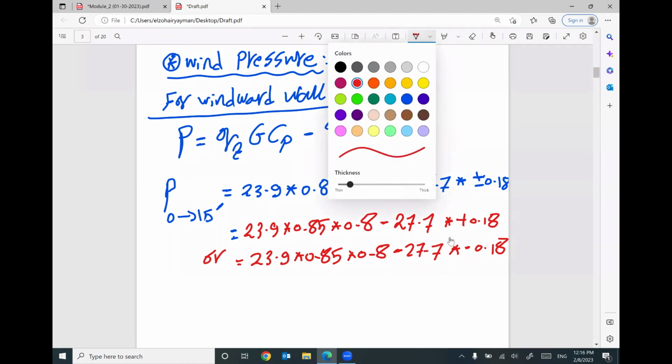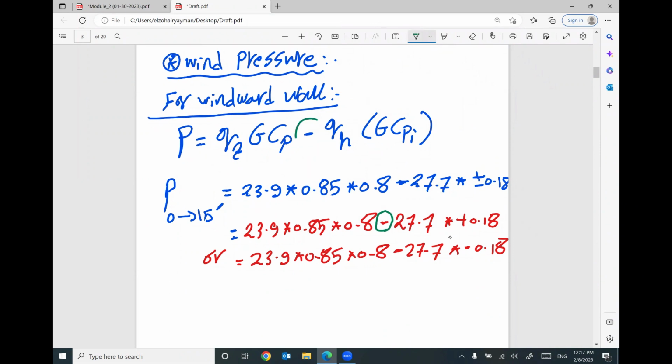I think the second one, because if you multiply positive by the negative in the equation, it will give you negative, and this negative will reduce the value. However, if you multiply negative by negative, both give you positive, so this term will be added to this term. The second option gives 23.9 times 0.85 times 0.8 plus 27.7 times 0.18.